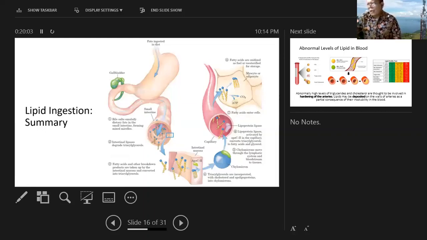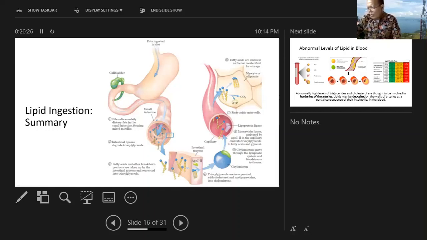Let's see from the upper side of this figure. We'll start from this: fat ingestion will enter the stomach and pass into the small intestine.